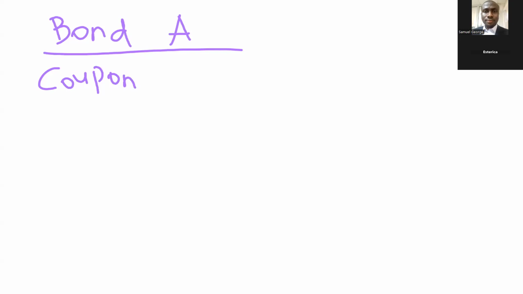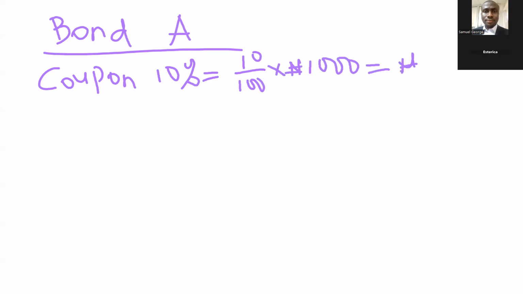What is the coupon for bond A? 10%. Coupon is 10%, which is equal to 10 divided by 100 times 1,000 naira. 1,000 naira is one bond, equals 100 naira. That is the coupon. What is the redemption value?